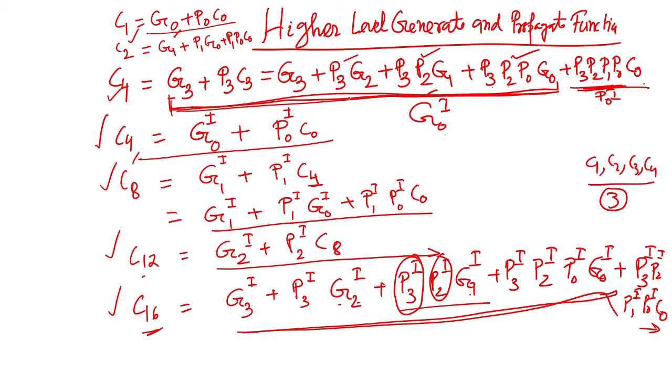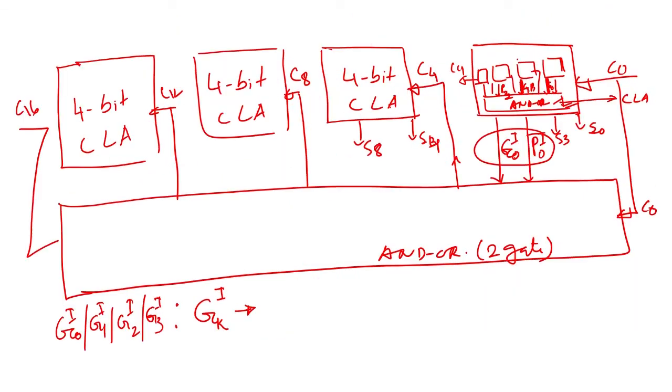How many gates are required for G0, Gi without higher level, right? Here there is no higher level. So, we can say for generating GIPI, no higher level, that is G0, P0, G1, P1, you will get 1 gate delay.